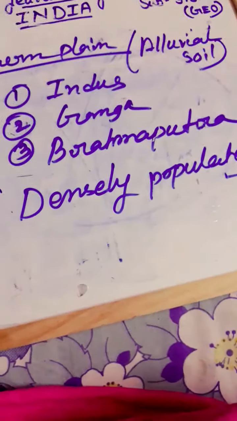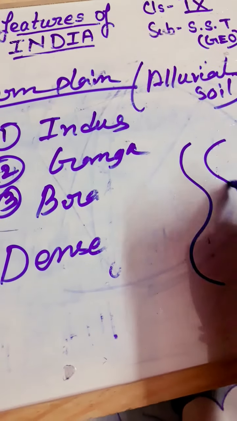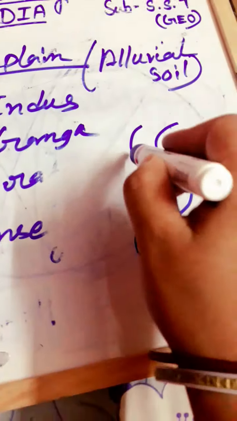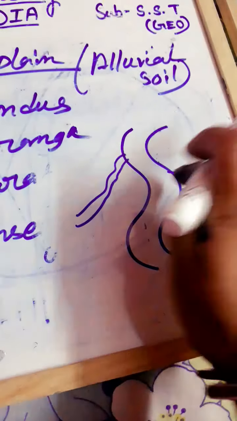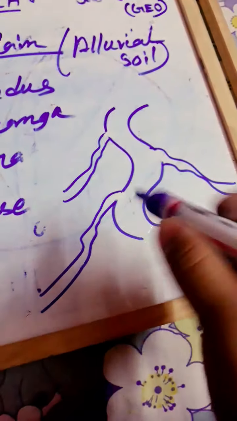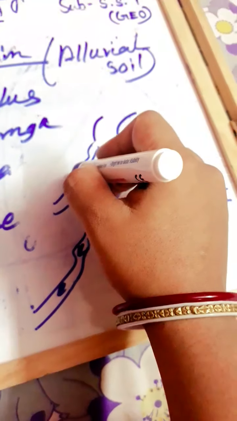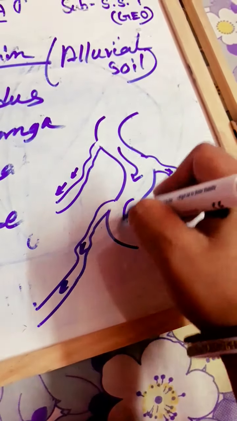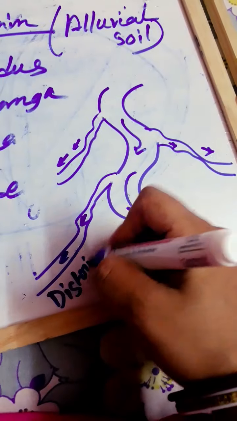Acha, one thing you have to know. Suppose this is a main river, and when some channel goes from that channel, actually the main channel splits into some sub channels, then that is known as distributaries.